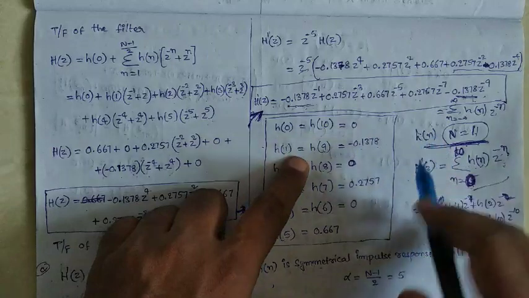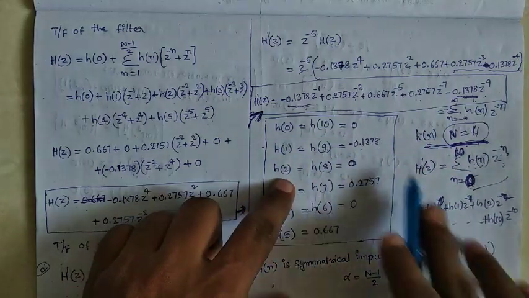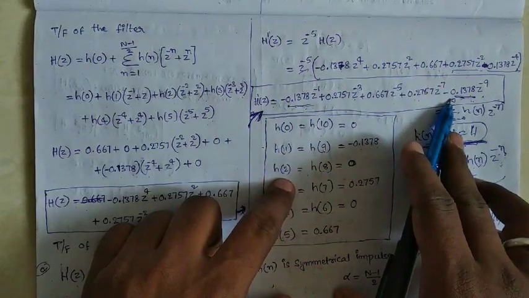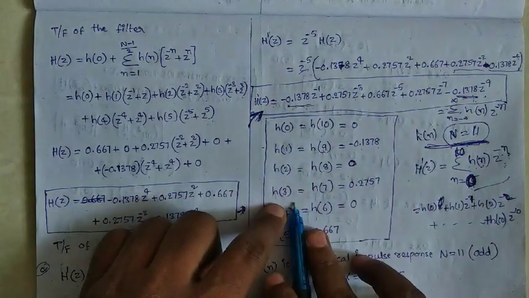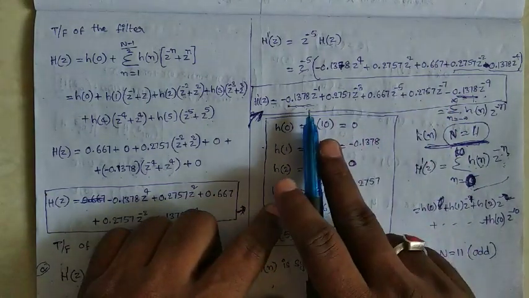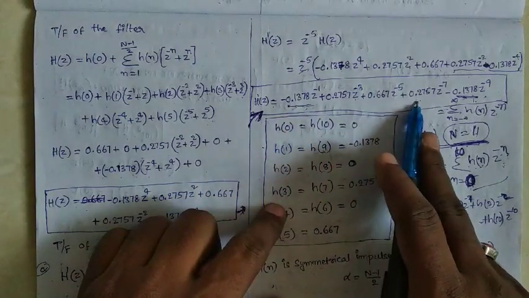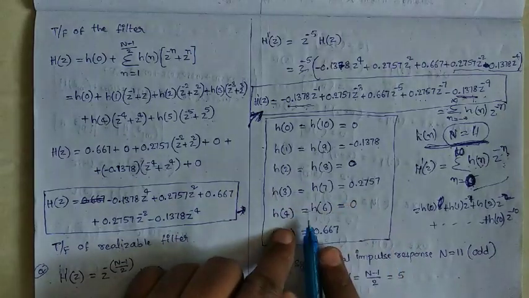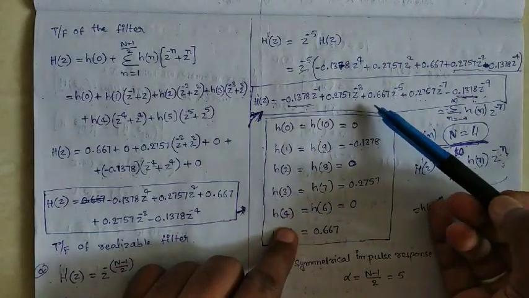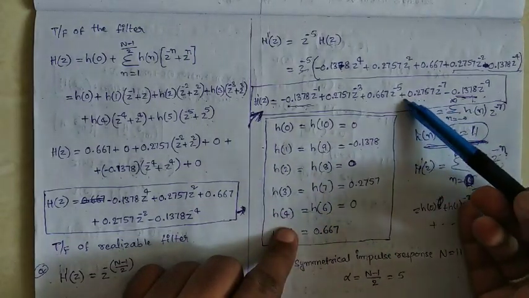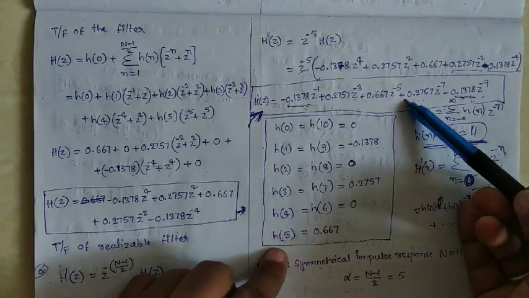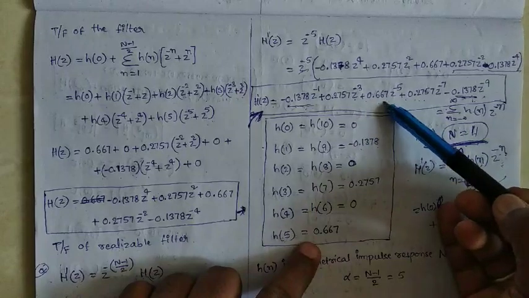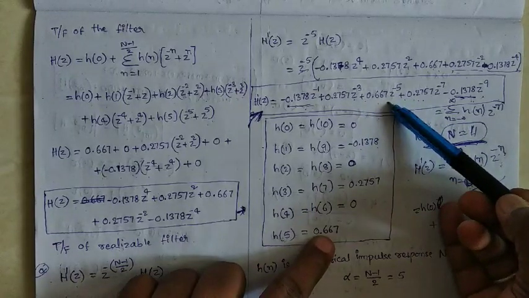H of 2 and h of 8 terms are 0. Similarly h of 3 is equal to h of 7, here 0.2757 its value. Similarly h of 4 is equal to h of 6 is equal to 0. Similarly h of 5 is equal to 0.667.